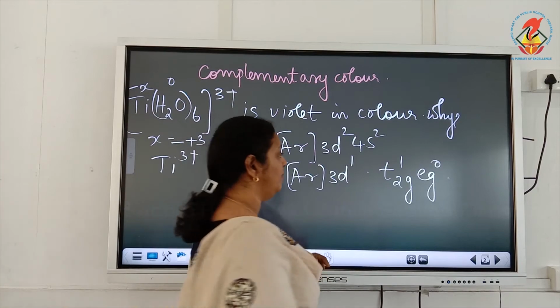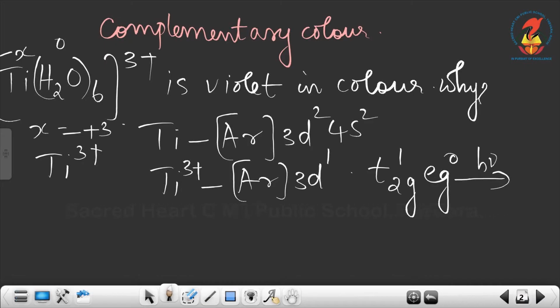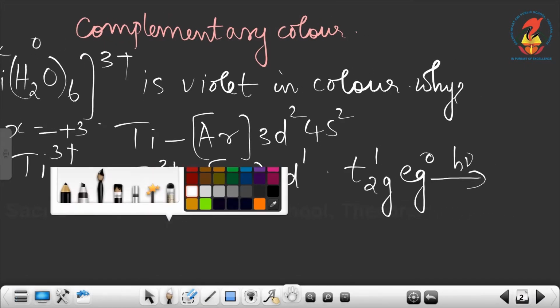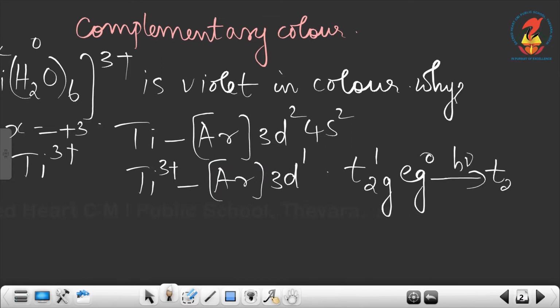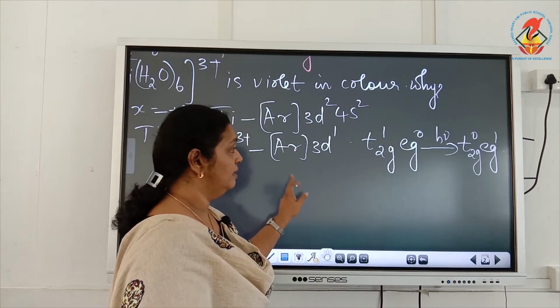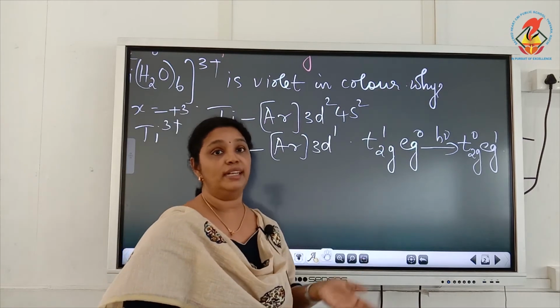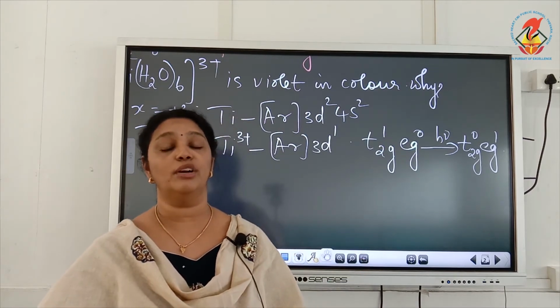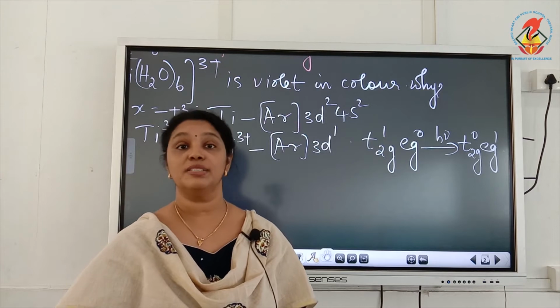So what will be the configuration on absorption of radiation hν? It will be t2g0 eg1. The electron got excited and we see the complementary color of the light absorbed, which is violet.